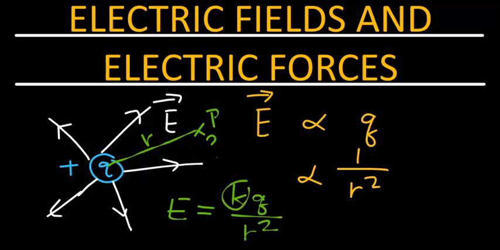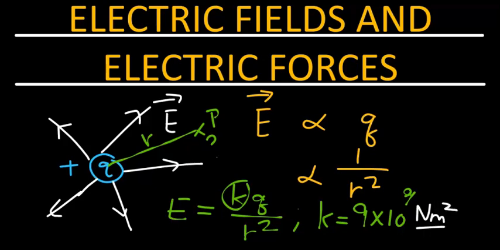Now this K has a value. Its value is about 9 times 10 to the power 9 Newton meter squared over Coulomb squared. So that is the unit for K. Electric fields are vectors, so we need to also specify the direction.